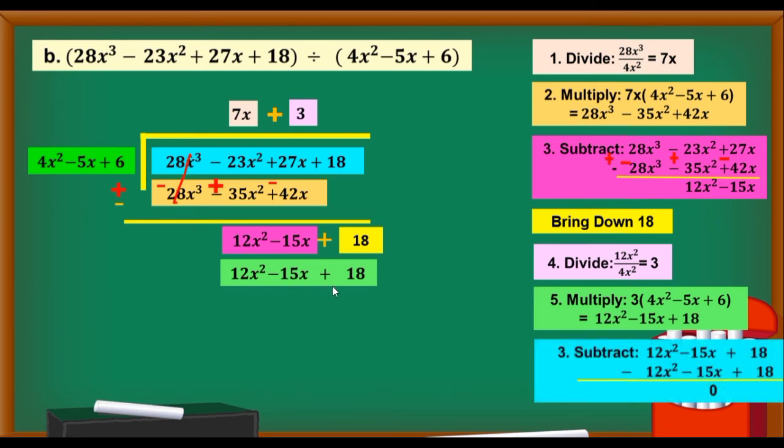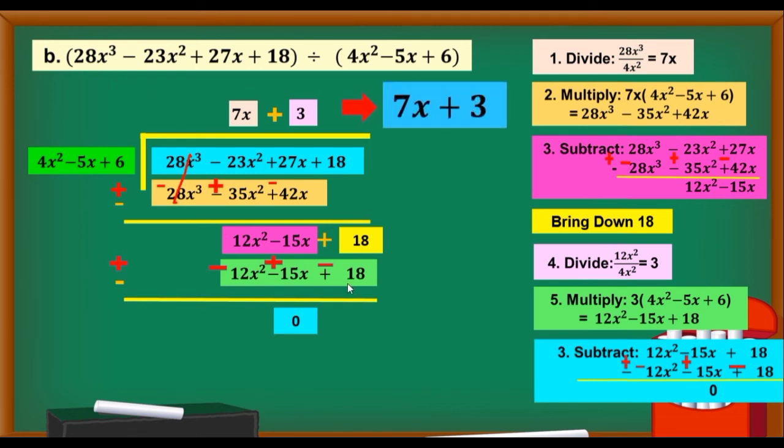And then, magsusubtract po tayo ulit. Ayan. So, mag-change na tayo ng sign. So, magzi-0. Papansin niyo magkaiba ng sign, di ba? Pero parehas ng number. So, ibig sabihin, 0. So, negative 15, positive 15, 0 na din siya. Positive 18 at negative 18, and that would become 0. So, therefore, ang sagot po natin ay 7x plus 3.